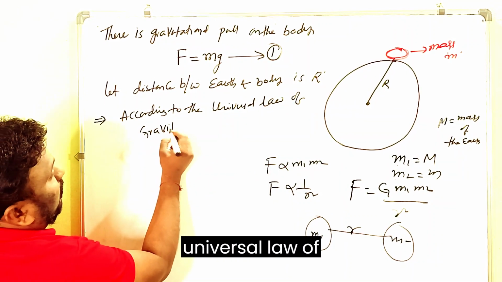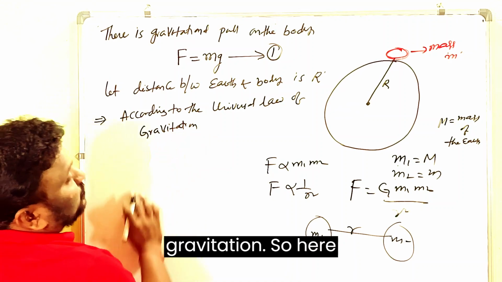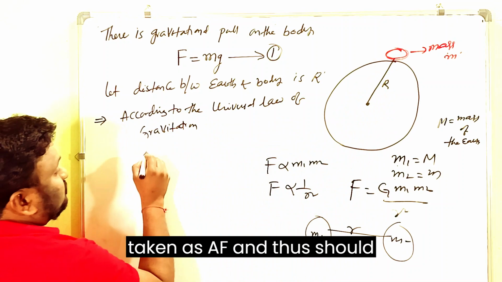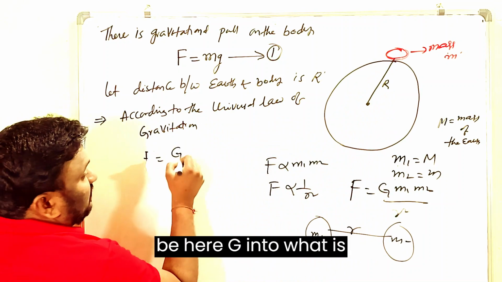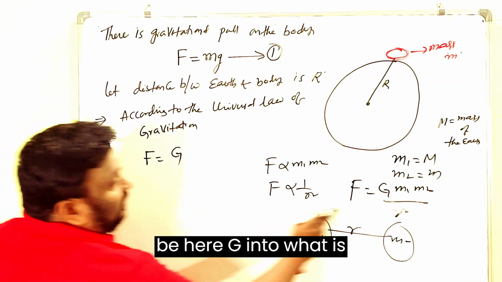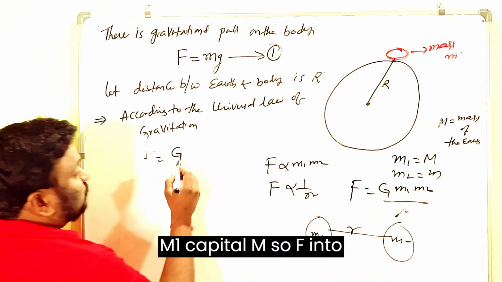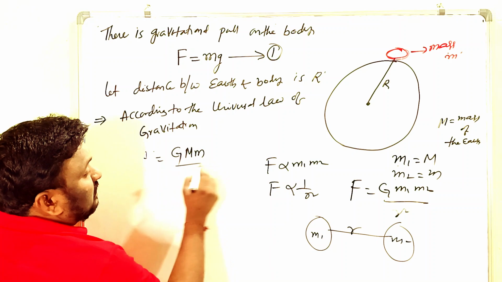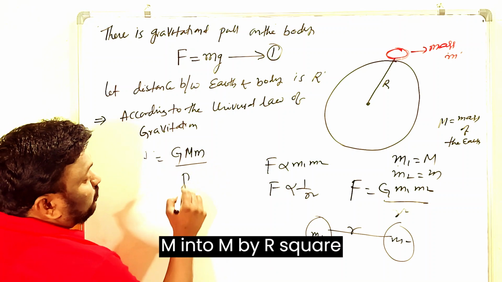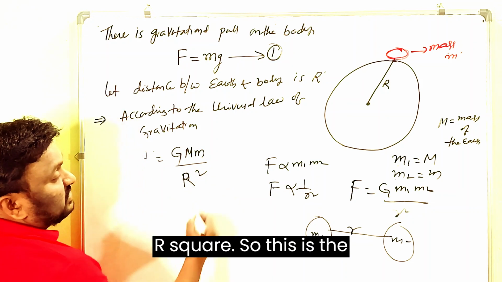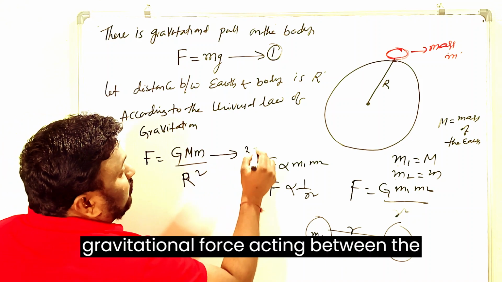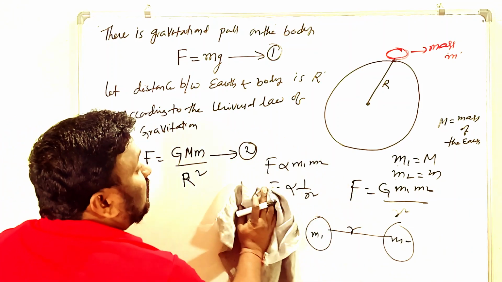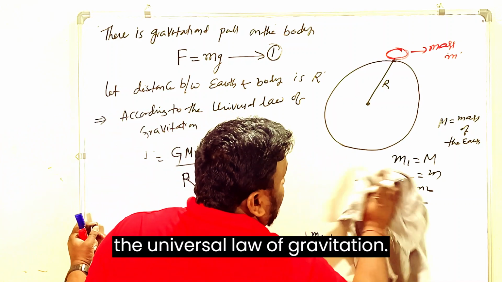The force between these two should be taken as F, and that should be G into capital M into small m by R square. So this is the gravitational force acting between the earth and the object according to the universal law of gravitation.